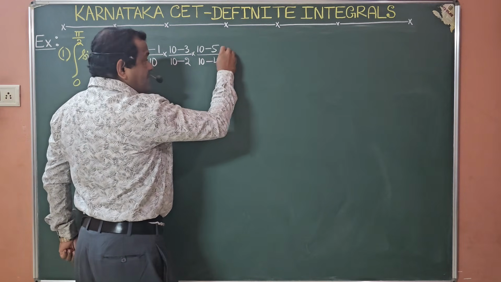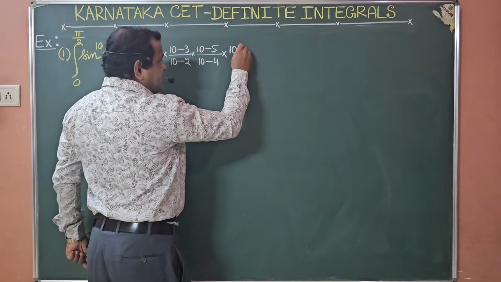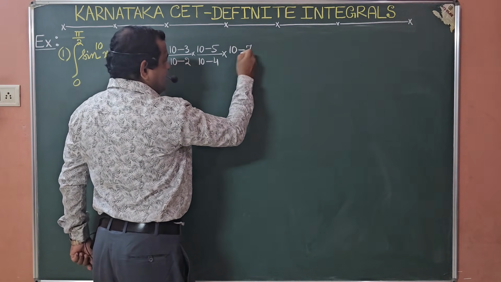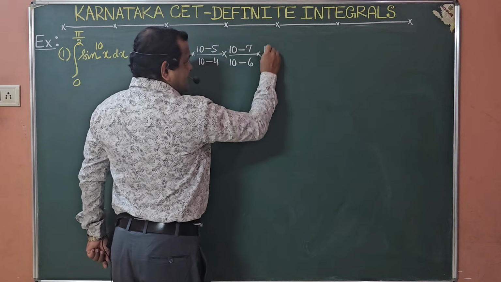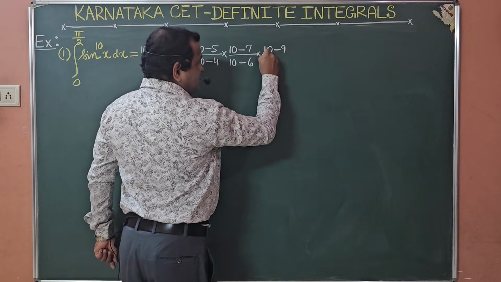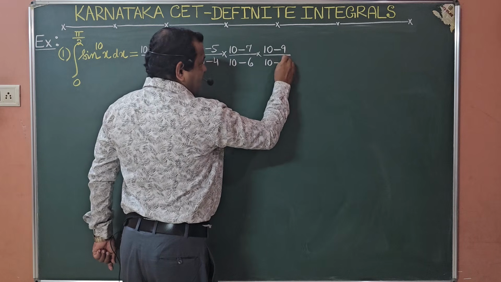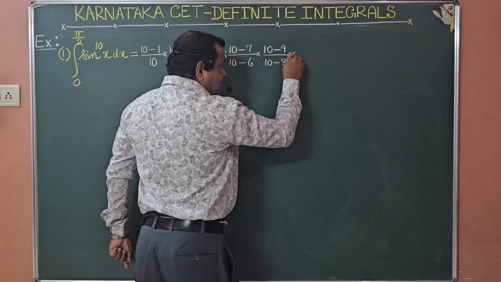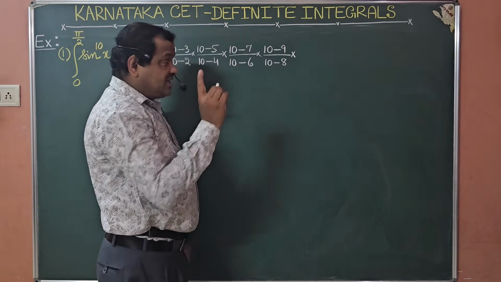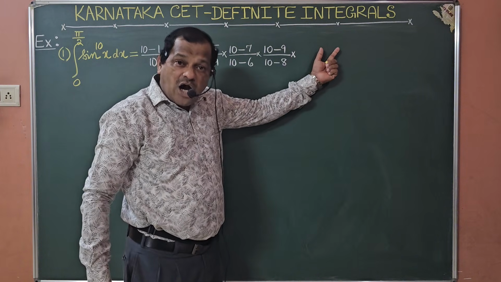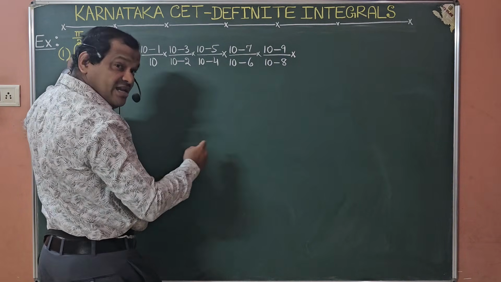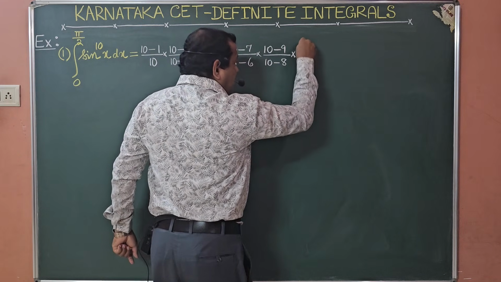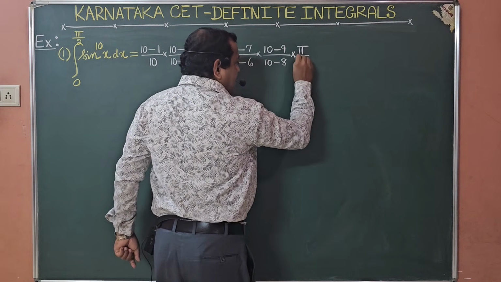Therefore the next terms: it is 10 minus 7 divided by 10 minus 6, then 10 minus 9 divided by 10 minus 8. And now there is nothing more to write. Since this n is even, 10, we should end it with pi by 2.